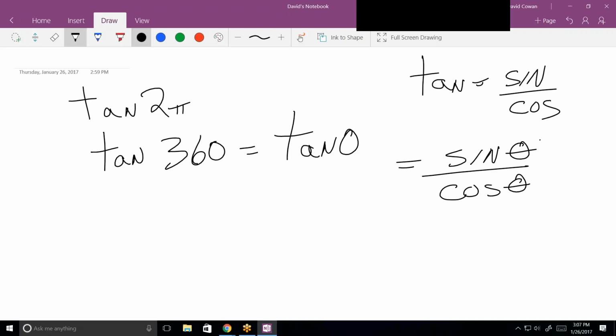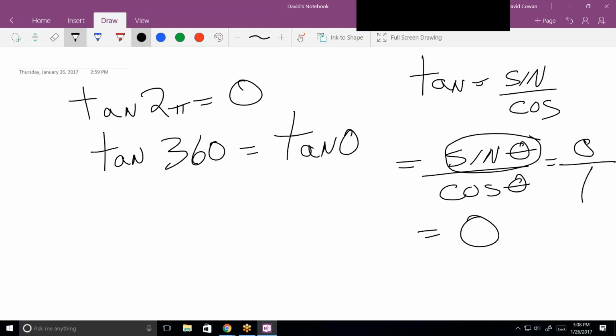What's the sine of 0? It is 0. Correct. What's the cosine of 0? 1. What's 0 divided by 1? 0. That's what the tan of 2 pi is.